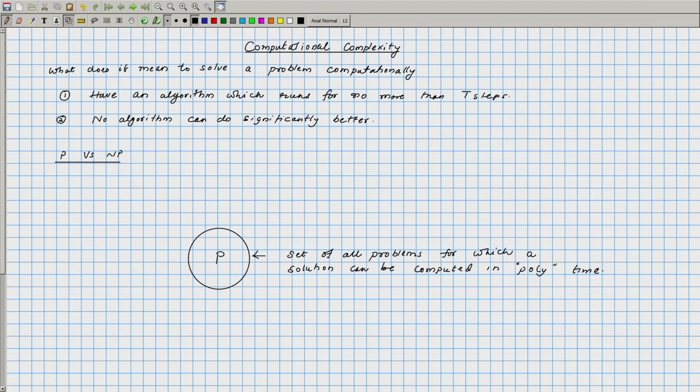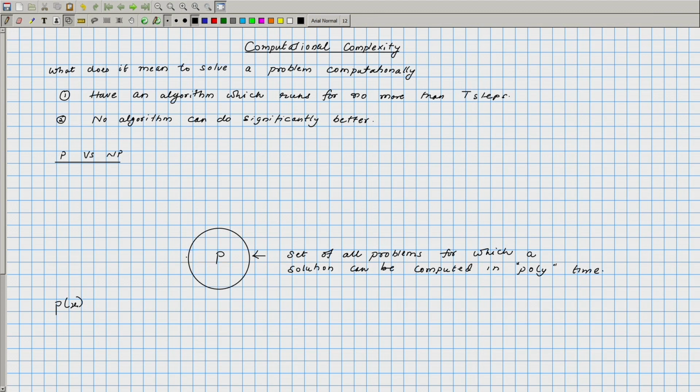We have not formally defined what a problem is. We will see some examples and that will make things clear later on. So, the collection of all problems for which we have an algorithm which works in polynomial time. If the input is of size x, the running time of the algorithm should be bounded by p(x), where p is some particular polynomial.